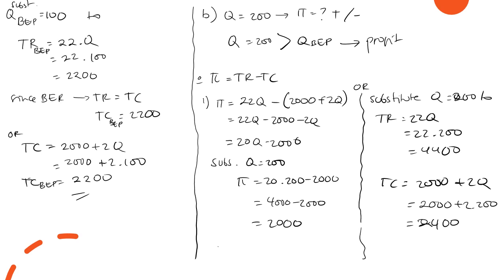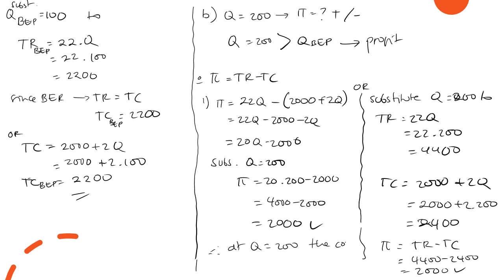Okay, now after this, you put TR minus TC to find out the profit. Fill in the numbers here, 4400 minus 2400, that is 2000. So this is the same. Make the conclusion that at Q 200 the company will have a profit of 2000. Okay.